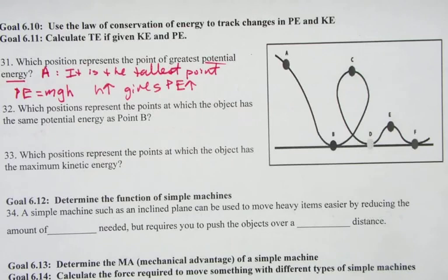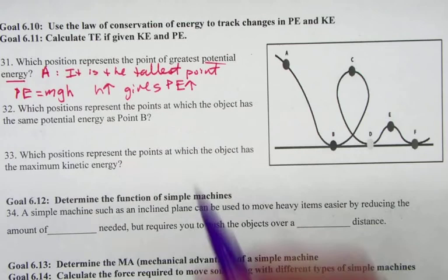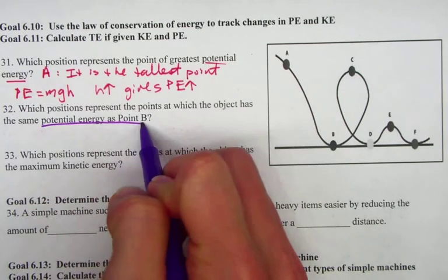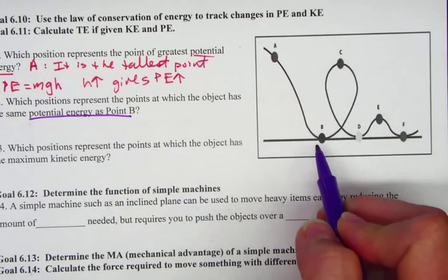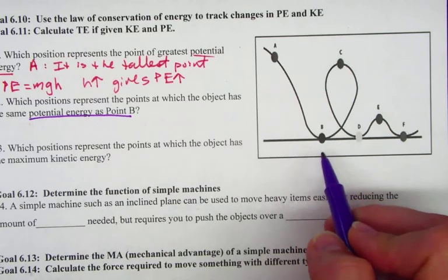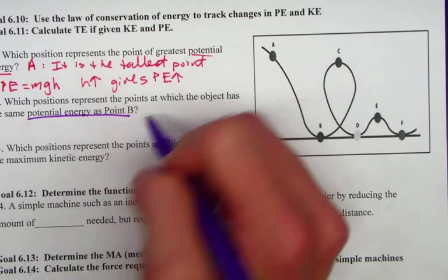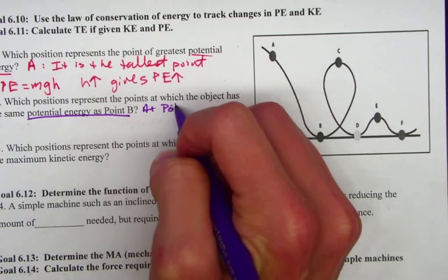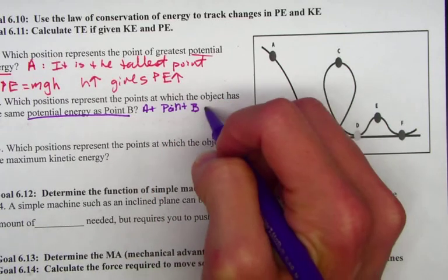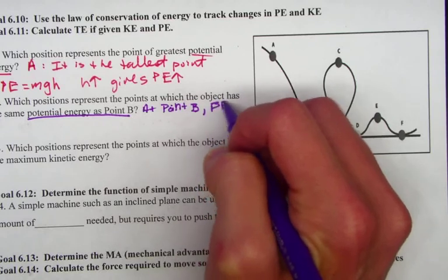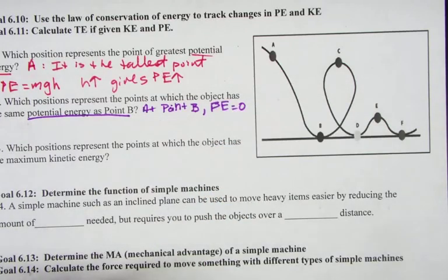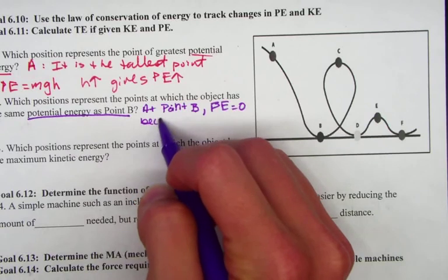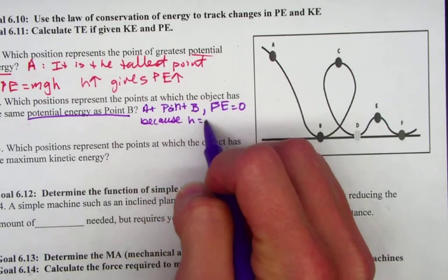Okay, which positions represent the points at which the object has the same potential energy as point B? Well, point B here is at the bottom, right? So at point B, the potential energy equals 0 because the height is 0.